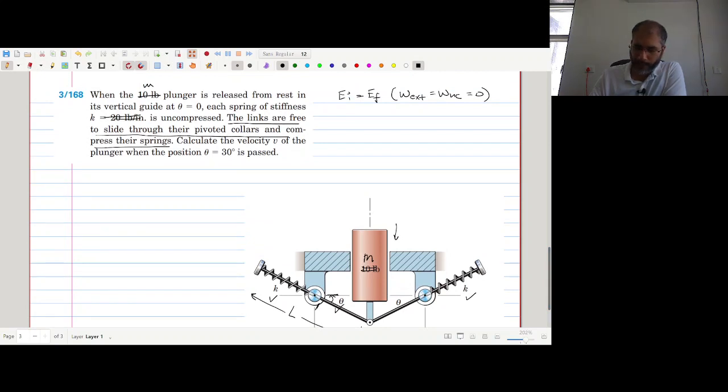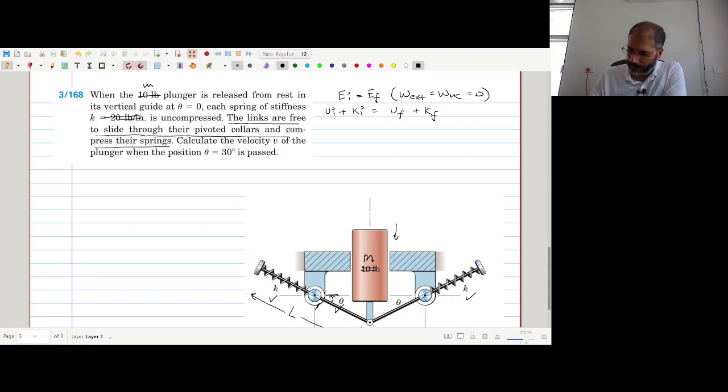So initial potential energy plus initial kinetic energy is equal to final potential energy plus final kinetic energy. We will take the initial conditions as those where the angle theta was 0, and the final is some arbitrary value. Actually this is at theta equal to 30 degrees, but we can write it in a general sense.